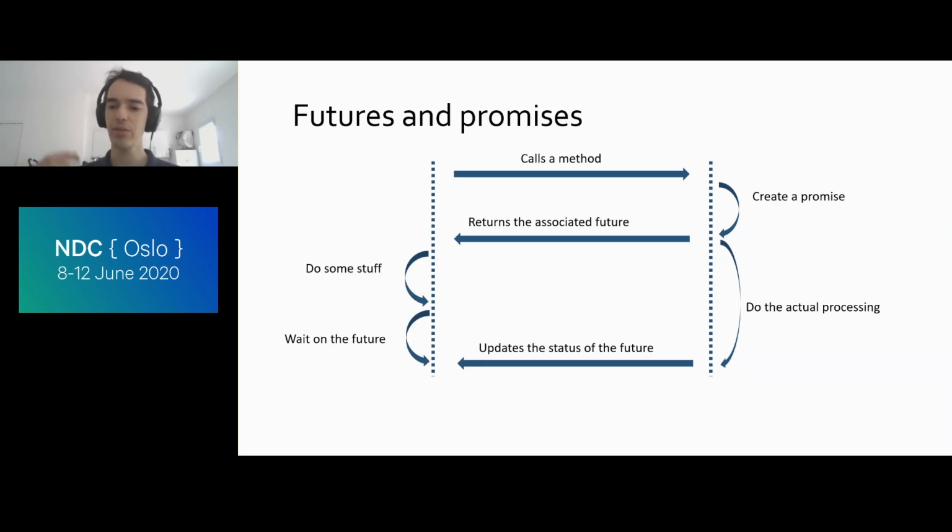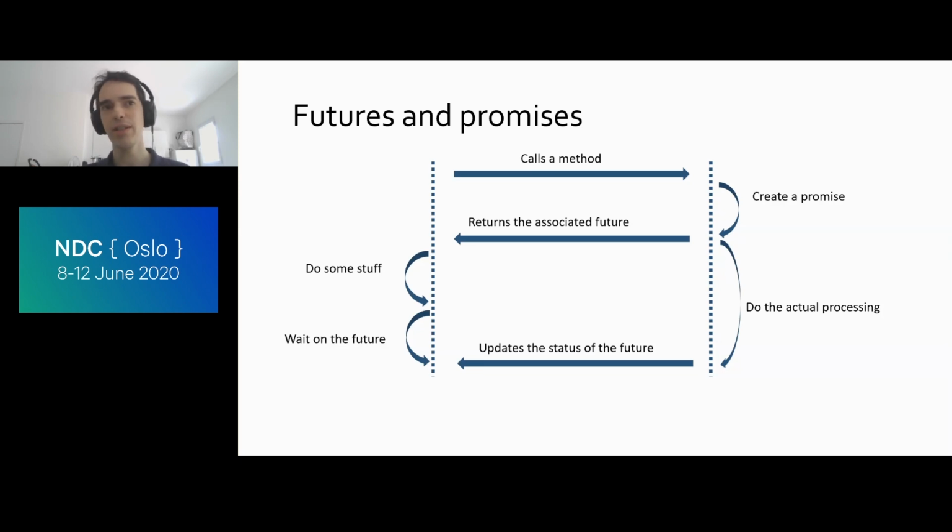Then an asynchronous operation executes in the background, and when it's done, it signals the promise, which in turn completes the future. On the client side, the method returns shortly after with the future. Then the client can do other stuff on the side, and when it's ready to fetch the result, it can use the future to get that data.